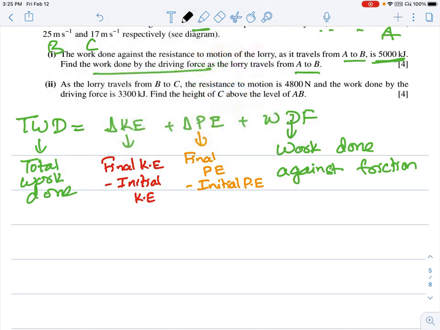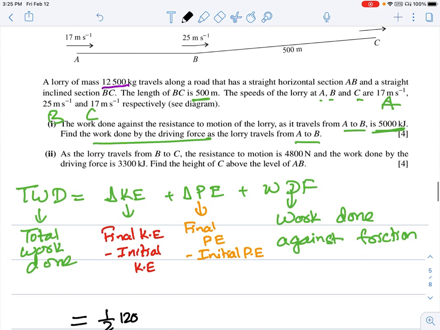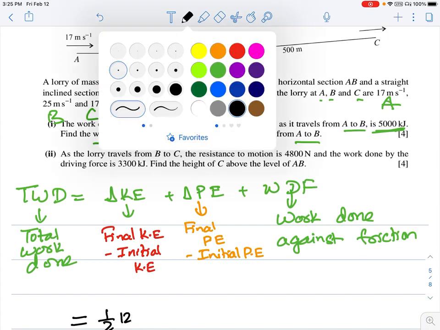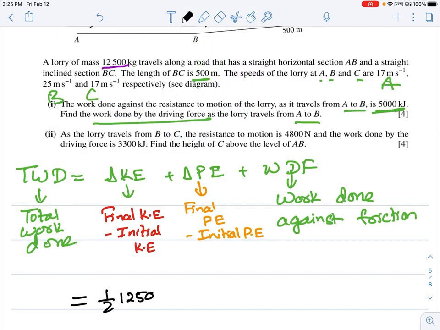So let us do step by step. Total work done has to be calculated. Delta KE: final kinetic energy, half times 12,500 times velocity from A to B. We are calculating A to B, so 25 square, minus initial kinetic energy, 12,500 times 17 square.